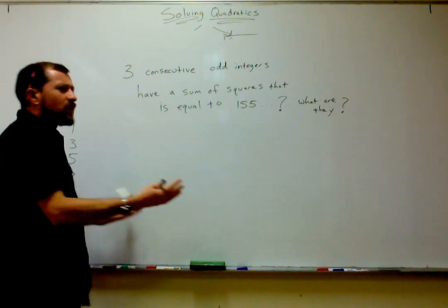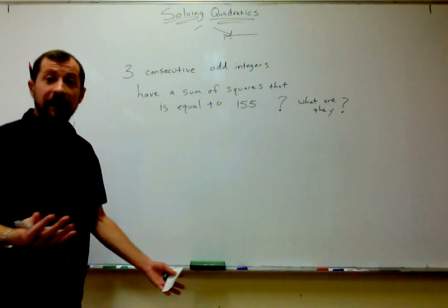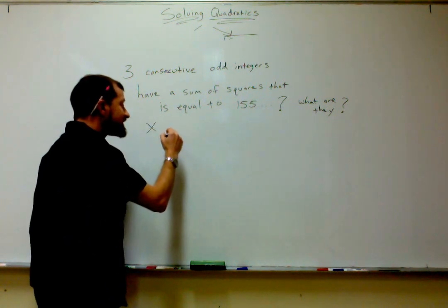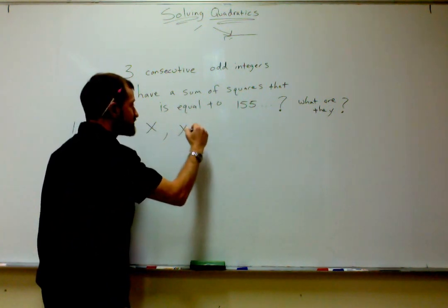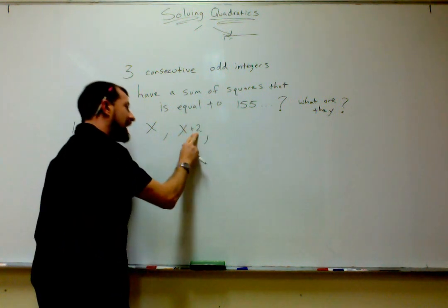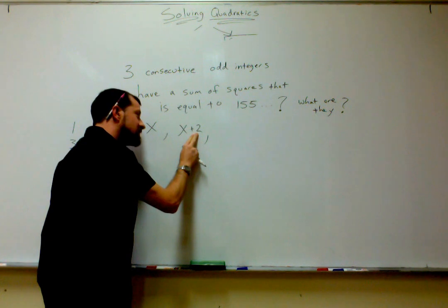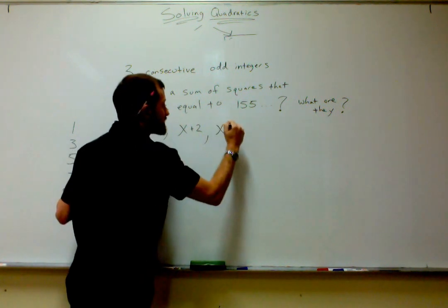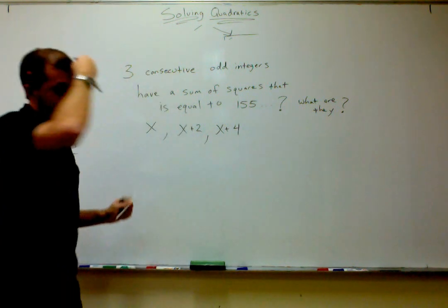Alright, so we can just start with our first one and call it x. We would also have the next consecutive odd integer as x plus 2. And then for the next consecutive integer, we would add another 2 to this. So x plus 2 becomes x plus 4. Awesome.